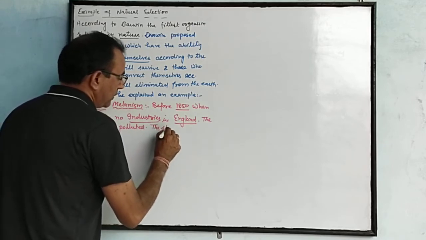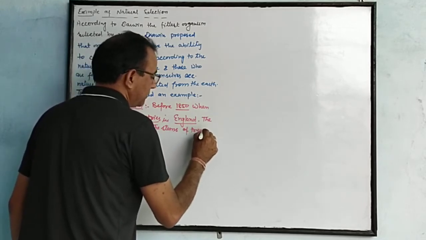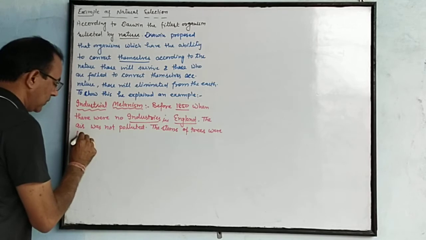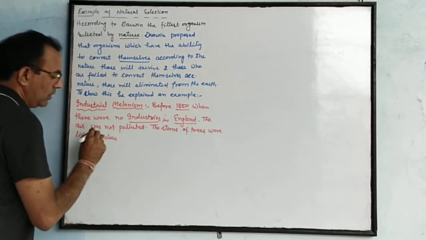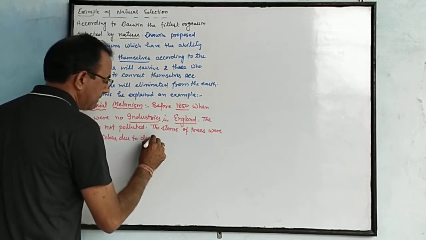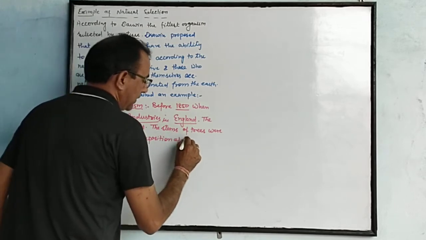The stems of the trees were light in color due to the deposition of lichen.